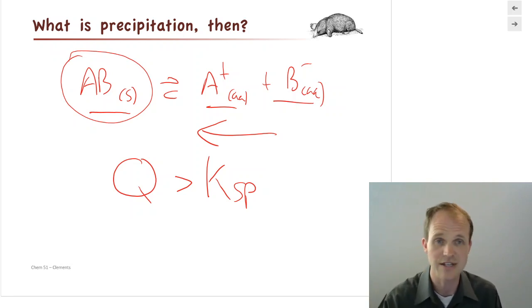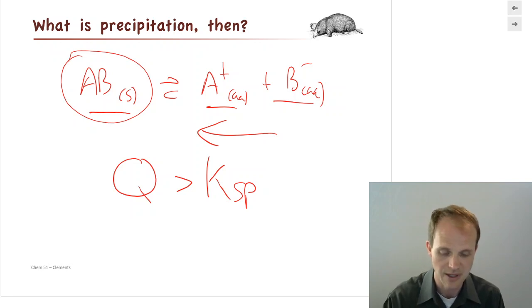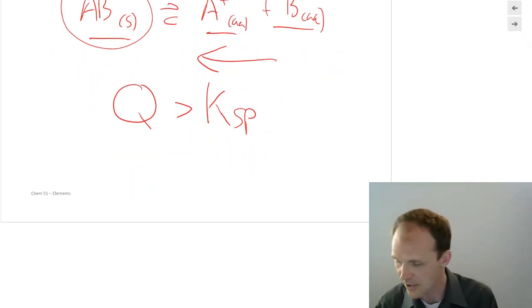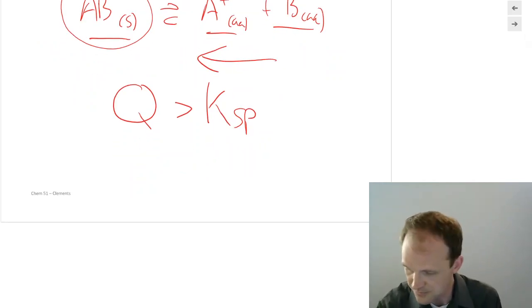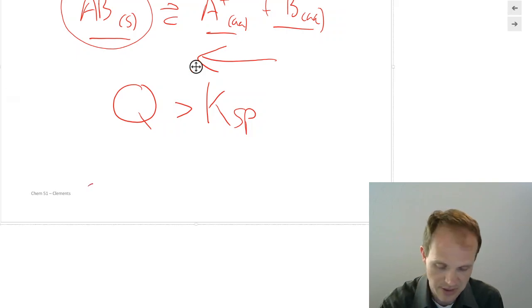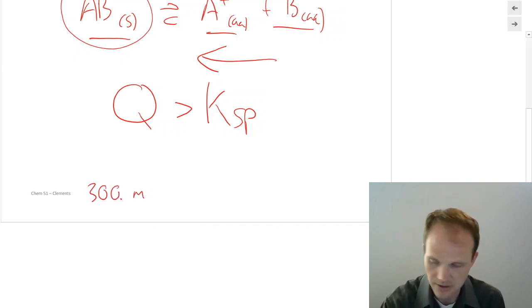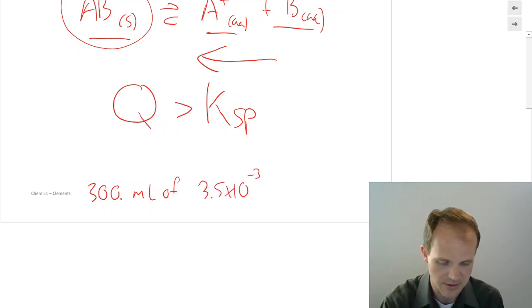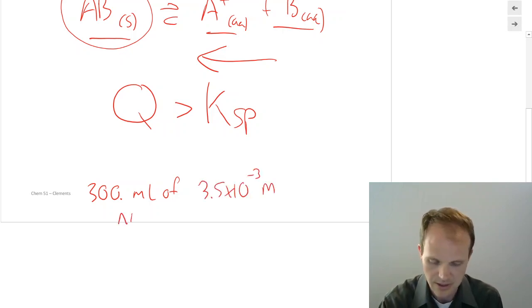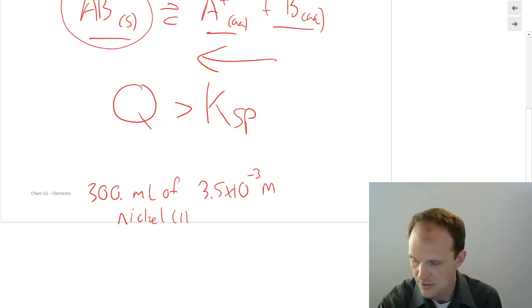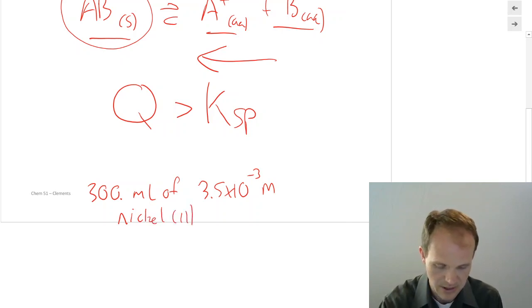So we can actually use that to our advantage and determine, hey, are solids going to form when we've got certain mixtures of chemicals together? So we're going to do an example that looks something like that right now. So we're going to make a solution, and it's going to be 300 milliliters of 3.5 times 10 to the minus third molar nickel 2 nitrate.